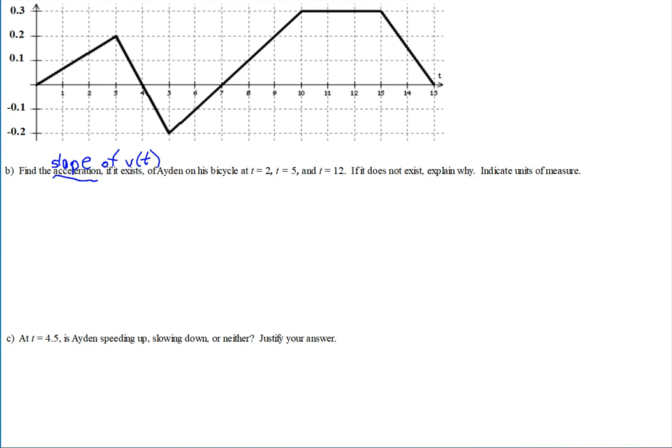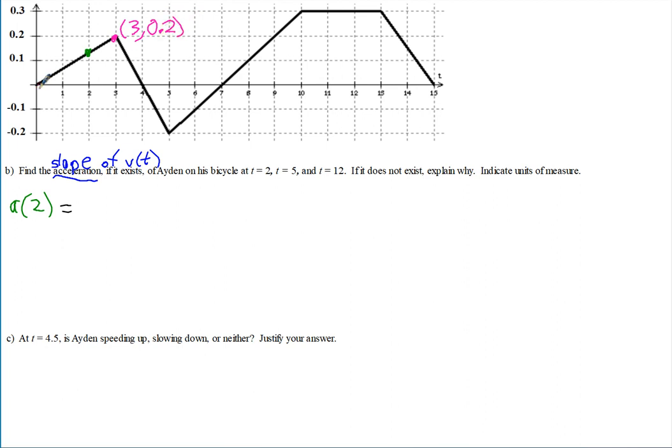So let's start with a of 2. Well, at time 2, right here, you can just see it's on this linear segment. So you could take the coordinates of the points one way. This point is at 3 is the t-coordinate, and 0.2 is the velocity at that time.